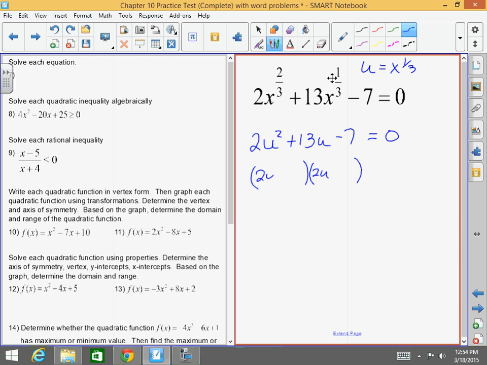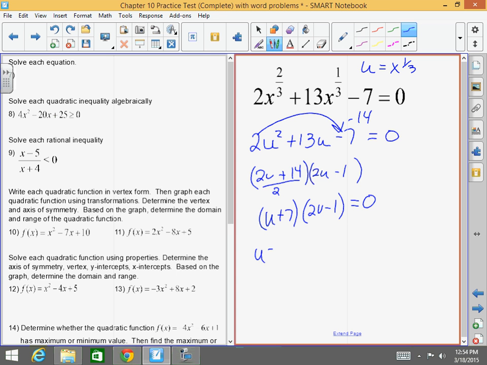2u, negative 14. What times what is negative 14? What I have to get is positive 13. 14 and negative 1. Artificial factor of 2. U plus 7 times 2u minus 1 equals 0.